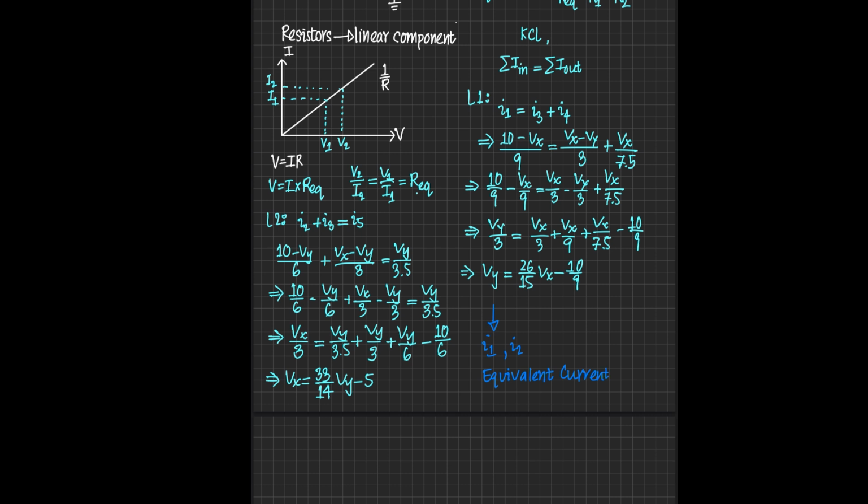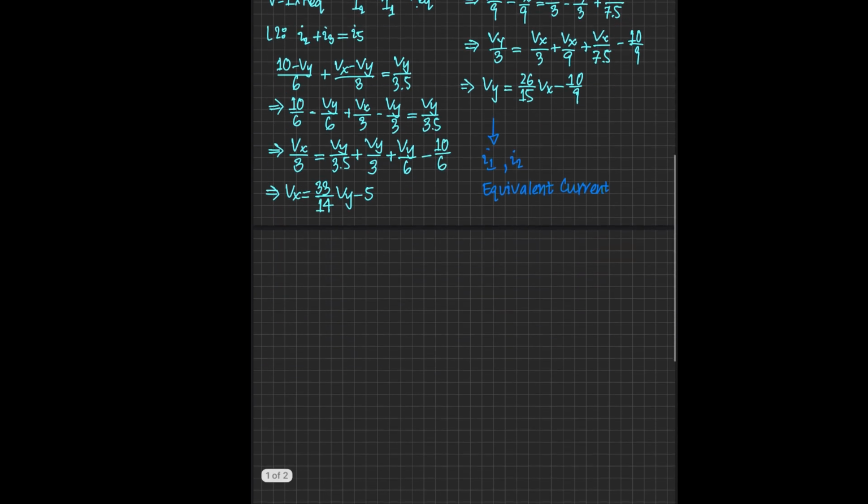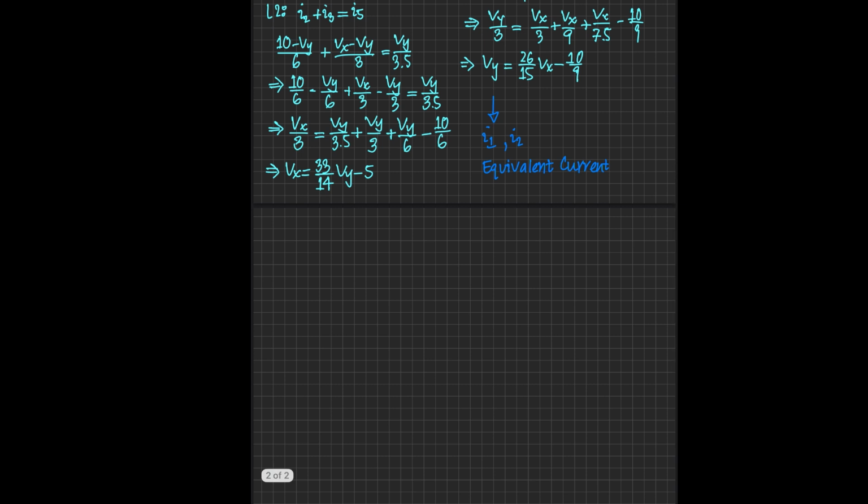Okay, so far we know the Vy and Vx equations. Let's simply apply the equations. Vy is equal to 26 by 15 times Vx, and we know that Vx is 33 by 14 Vy minus 5.